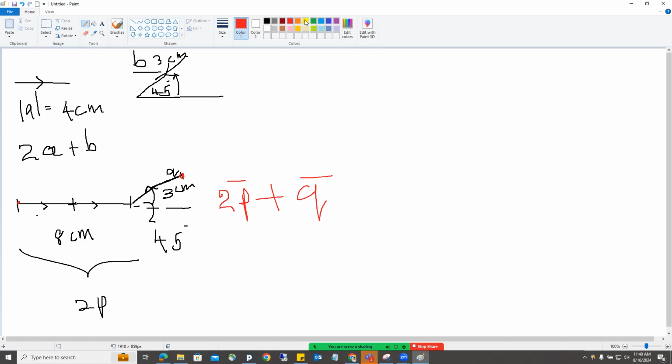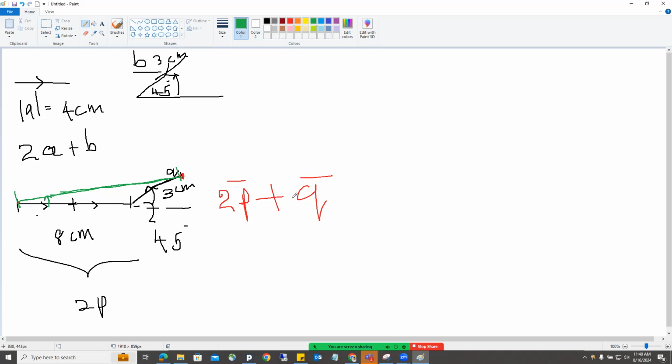Then what we need to do is join these two points with a line, and then read the length from the ruler, and then this angle as well.